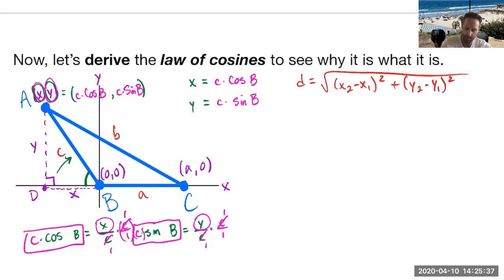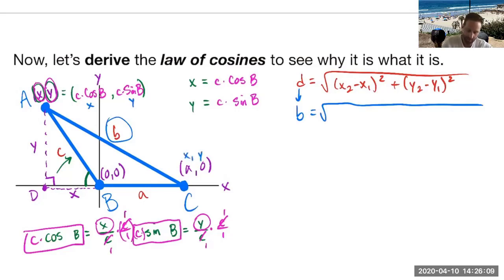So what I'm going to do now is use this in our terms that we have for this triangle. Instead of the distance between any two points, we said we wanted to find it on that longest side, which was letter B. So I'm going to replace that with B, and then I'm going to rewrite it all. Here's my x and my y, and here's my other x and my other y.